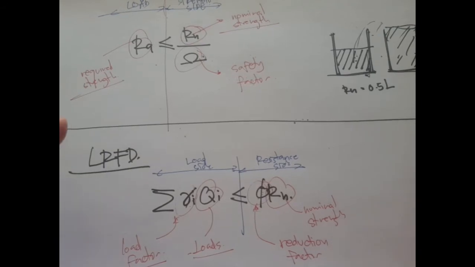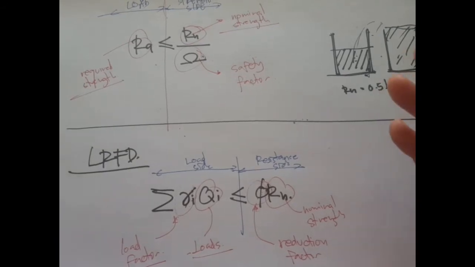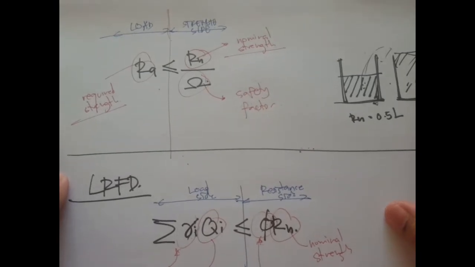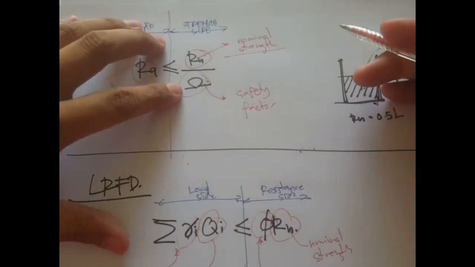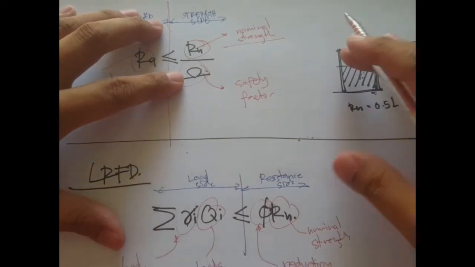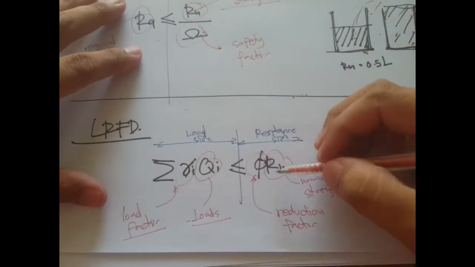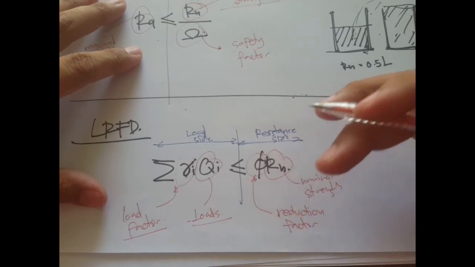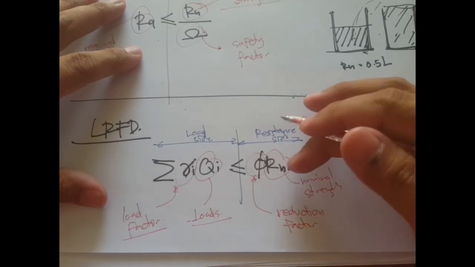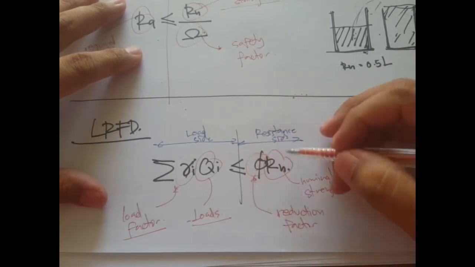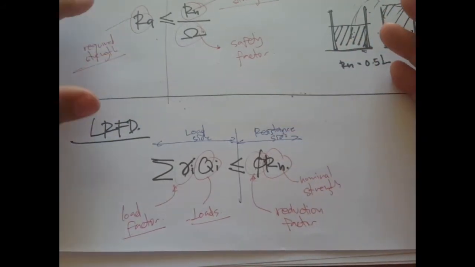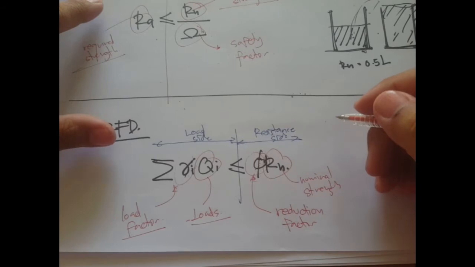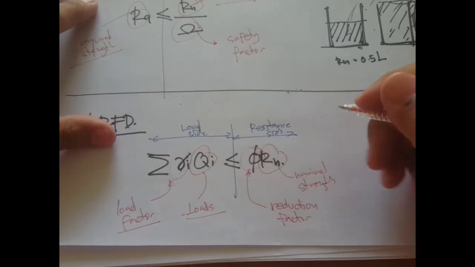You can see that compared to the ASD, where only one safety factor is included in the calculation, the LRFD has a reduction factor for the resistance side because there are uncertainties in the resistance side. As I've mentioned, for example, the specifications of the material have uncertainties.